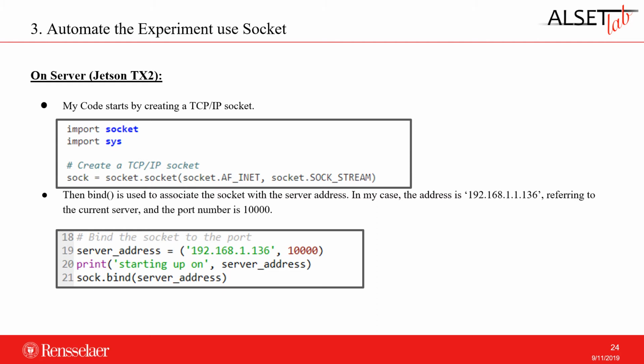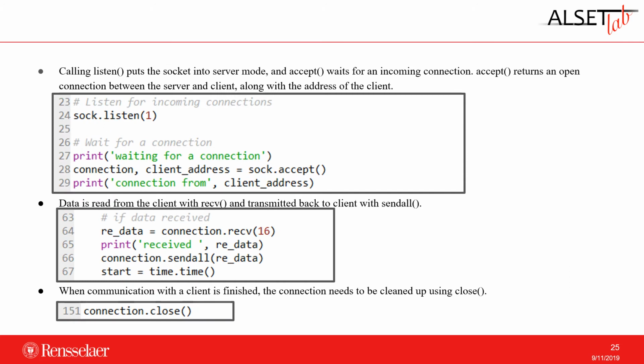I first start by creating a socket on the server and then use the bind command to associate the socket with the server address, and the port number is 10,000 in my case. Then calling the listen command puts the socket into server mode, and the accept command waits for an incoming connection.